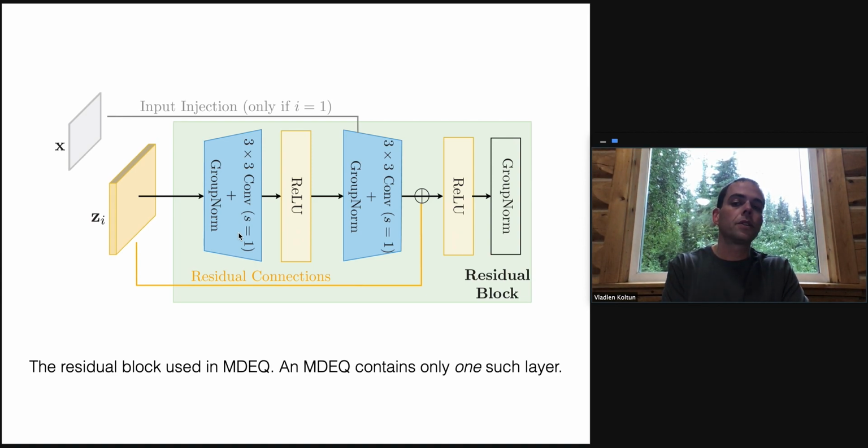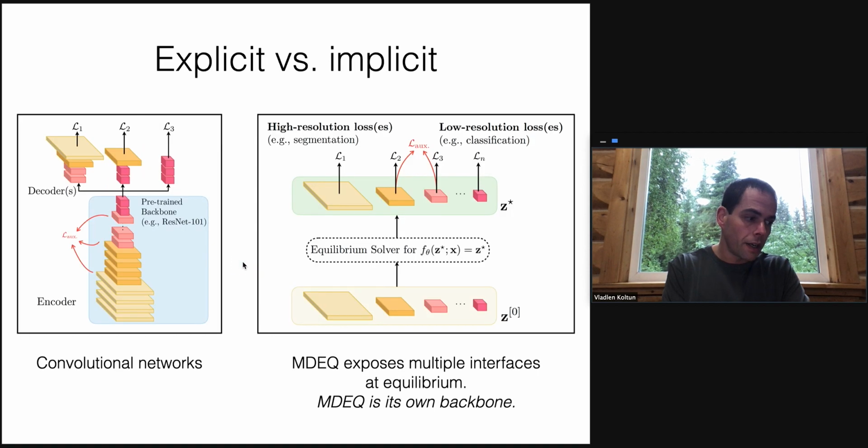The only difference is the width of the activations that the model maintains and the number of channels in the convolution. Now, I hope you are realizing by now that the Mdeck is a radically different model from convolutional networks. So on the left, you see a typical convolutional network.